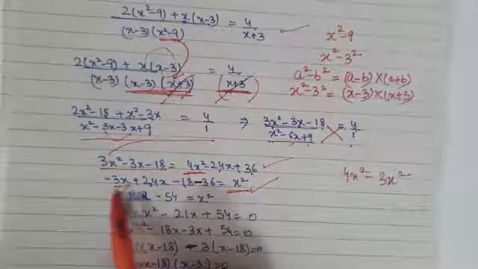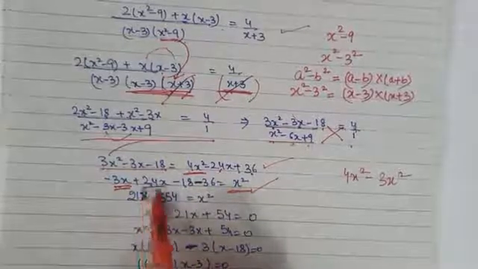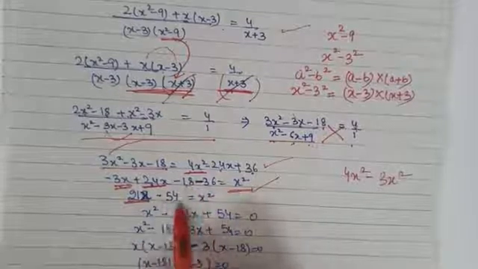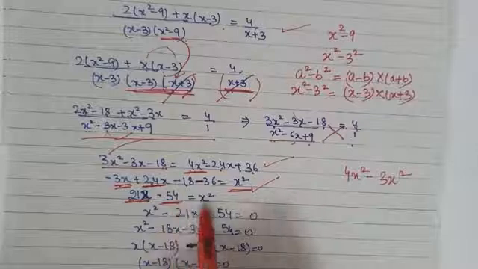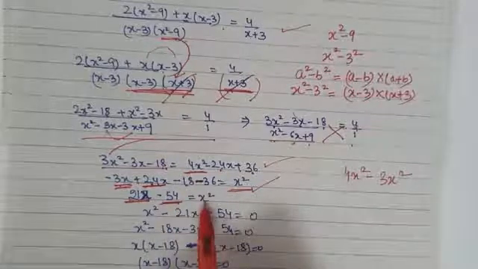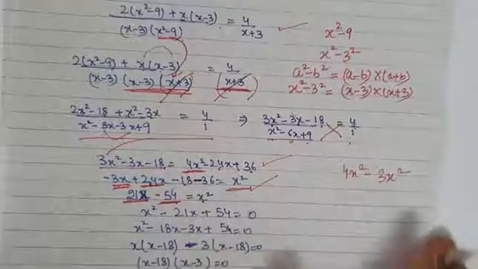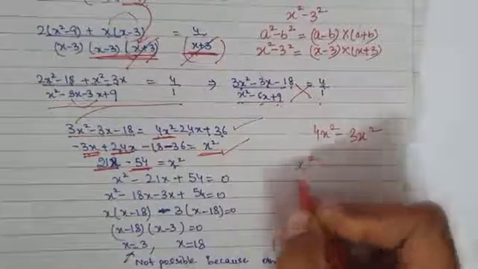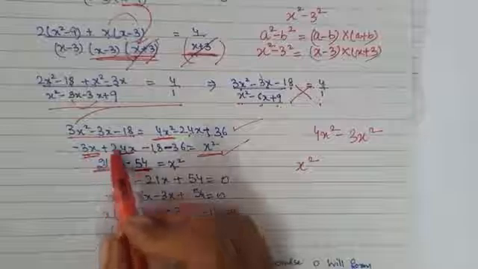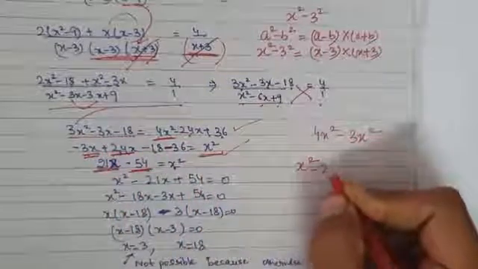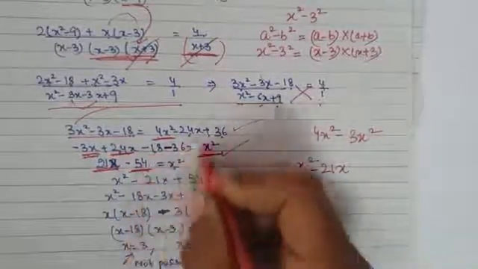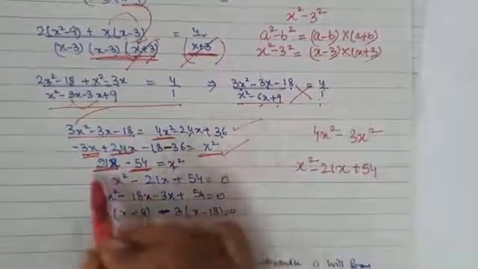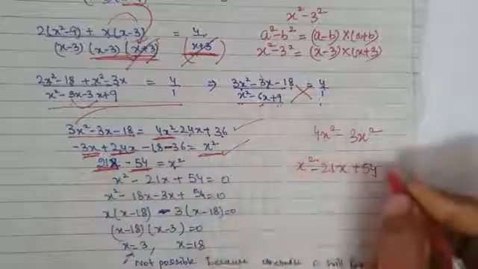Now minus 3x plus 24x is 21x, and this gives you minus 54 is equals to x square. So children, see this step very carefully. Now we get x square, it is getting shifted, minus 21x, it is getting shifted, plus 54. Nothing is left on the other side, we can write 0.